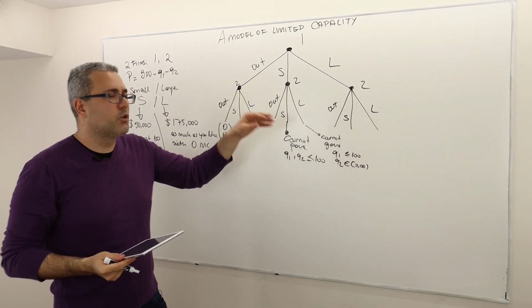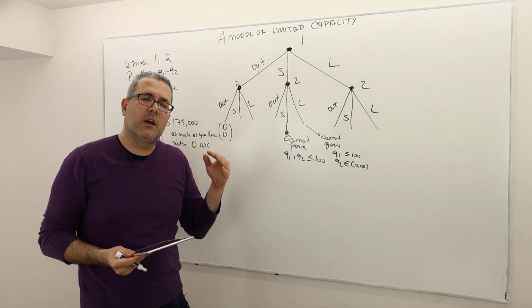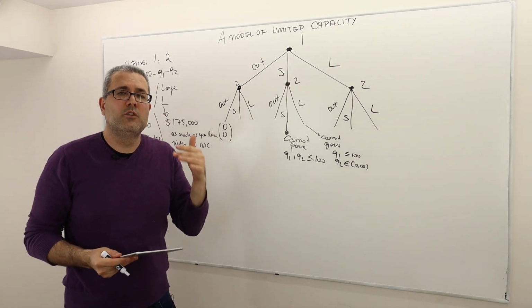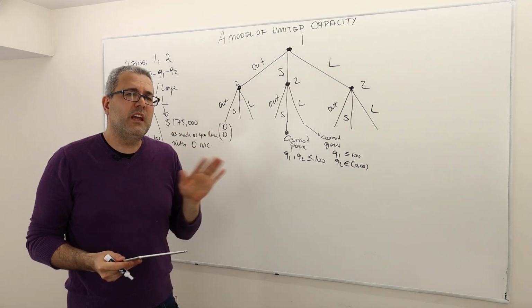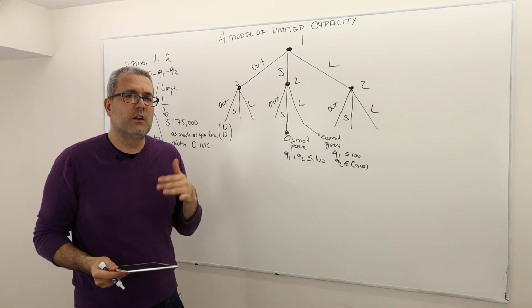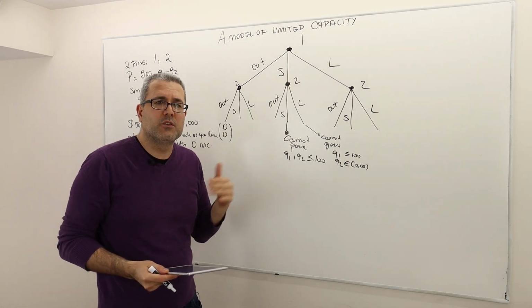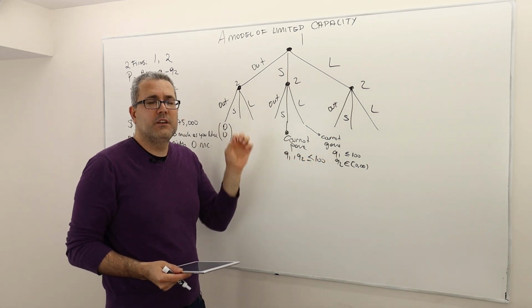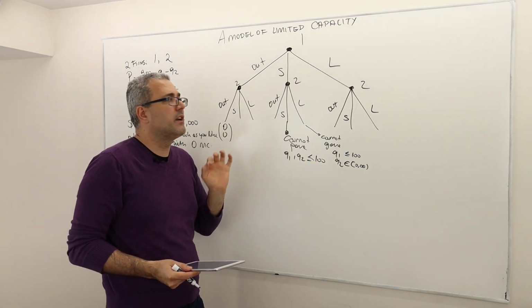So it's a Cournot competition, but one firm is constrained to produce at most 100. We never solved Cournot competition with a constraint. All of our analysis of Cournot was with no constraint. Here, at least some firms do have a constraint.